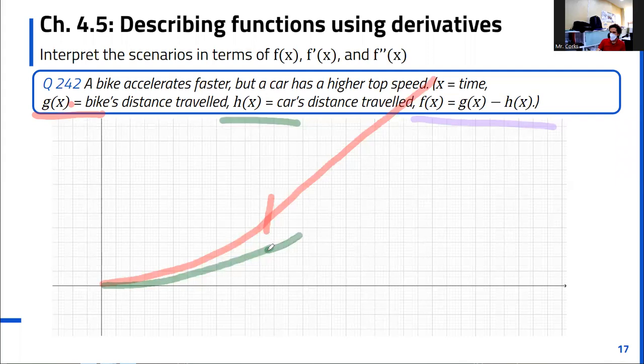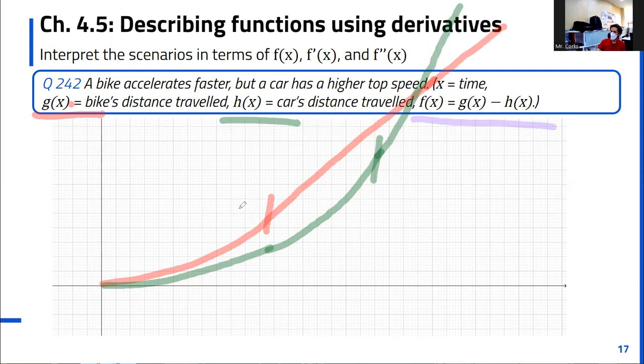So it will take longer to hit its top speed, but that top speed is higher. So let's say it hits its top speed here. And then eventually it will catch the bike and pass the bike like this. Okay, so these two points I've marked are where each would hit its top speed.